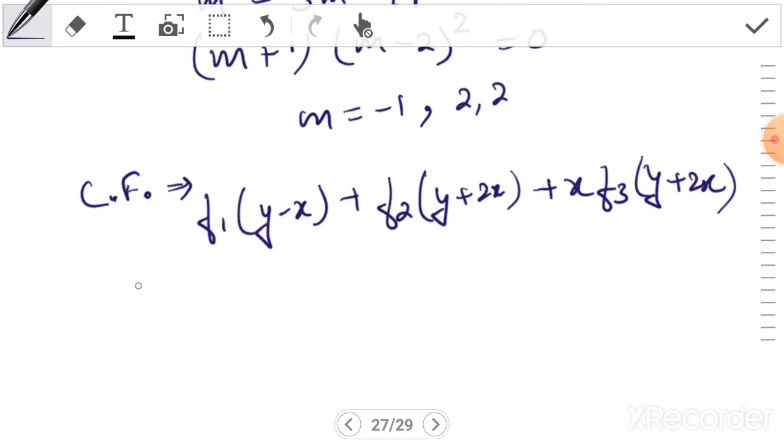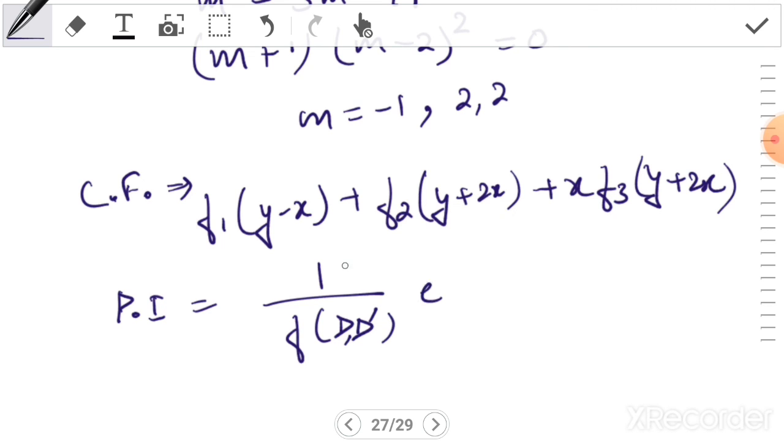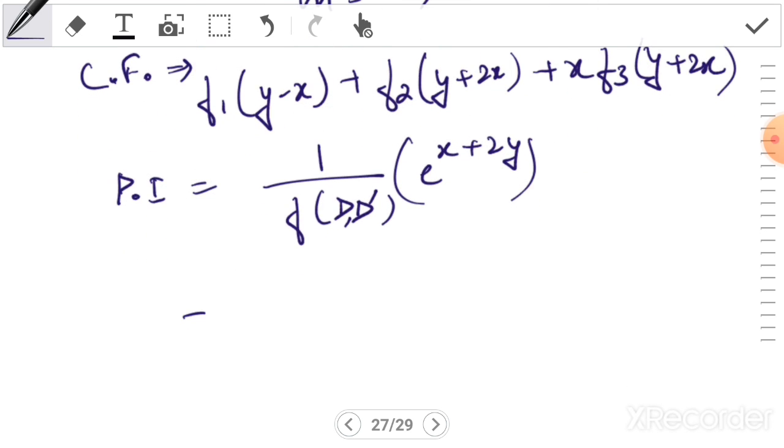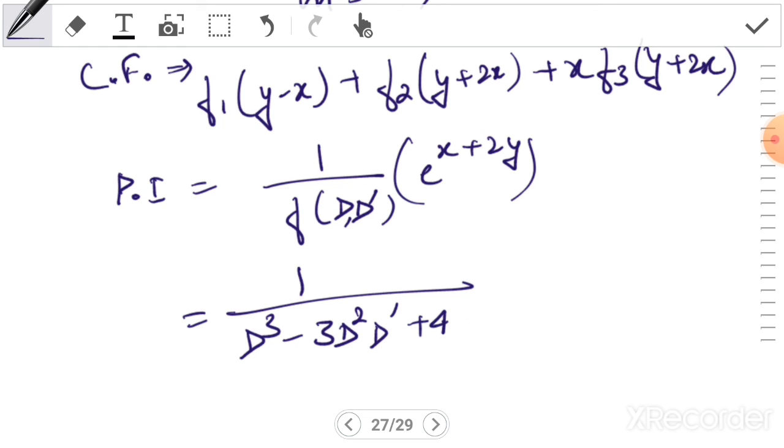And for the particular integral we have this operator on e power x plus 2y, so 1 by D cube minus 3 D square D dash plus 4 D dash cube, e power x plus 2y.